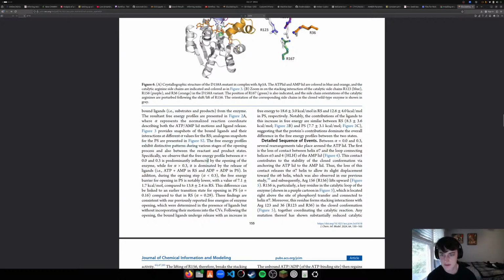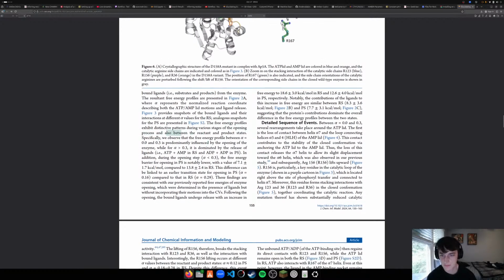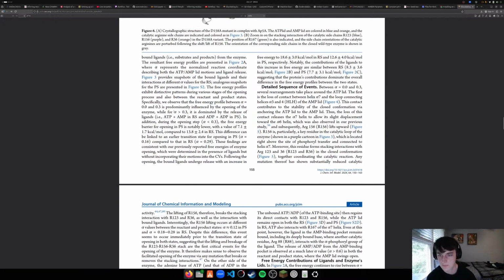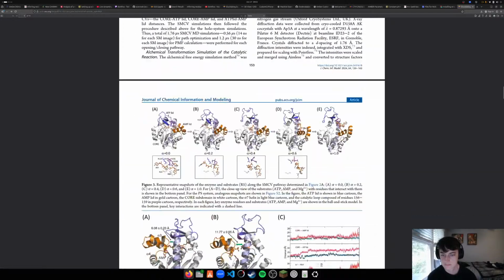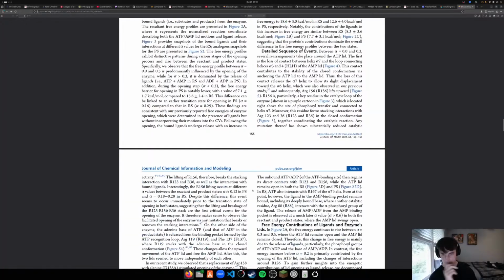Free energy profiles exhibit distinct patterns along various stages of the opening process and also between their active states. Specifically, we observe the free energy profile between alpha is predominantly influenced by the opening of the enzyme, while it is dominated by the release of the ligands. 0 to 3. Yeah, so this is opening, and this is the release.